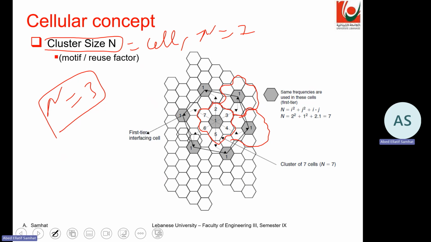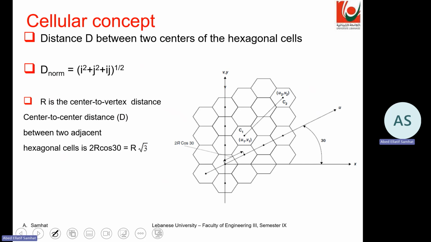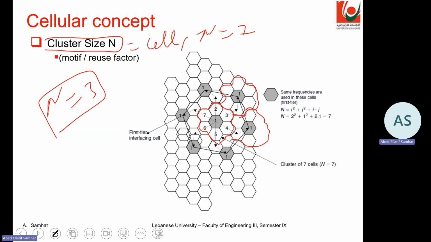The idea here is to find the distance between two centers of the hexagonal cells. Why? Because here I'm using this cell, and this is the same cell in the other cluster. So we can use the same frequencies in this one and in this one.